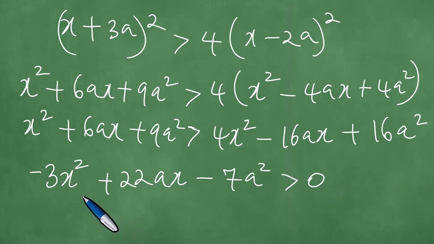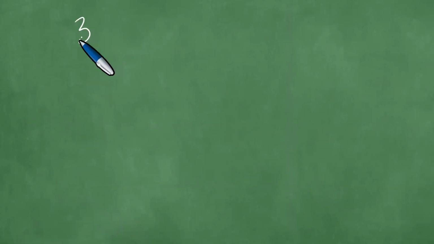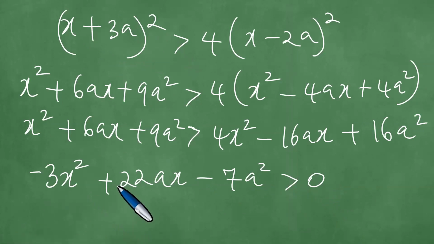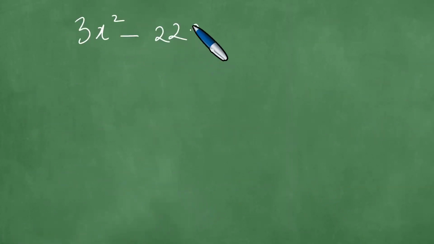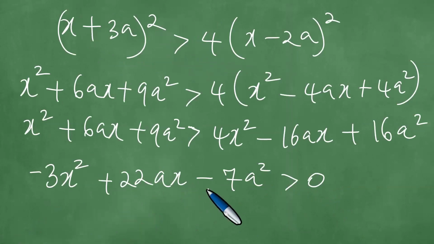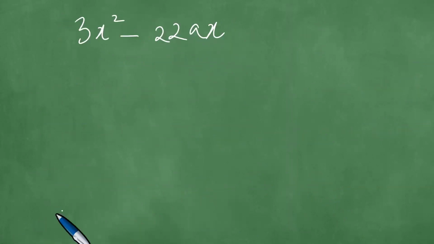Multiplying each of these terms by negative would give us 3x squared minus 22ax, because if you multiply the plus 22ax by negative, it's going to be minus 22ax, and now this is plus 7a squared, and it's less than 0.